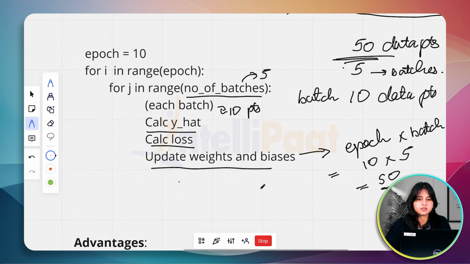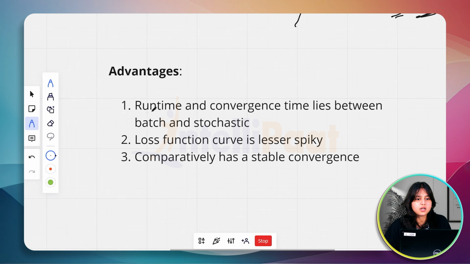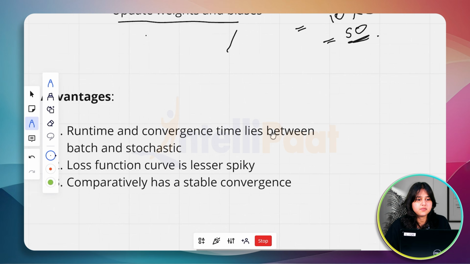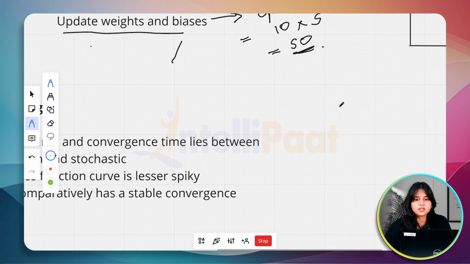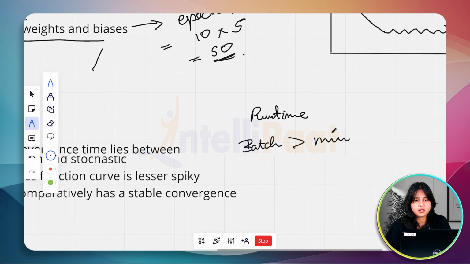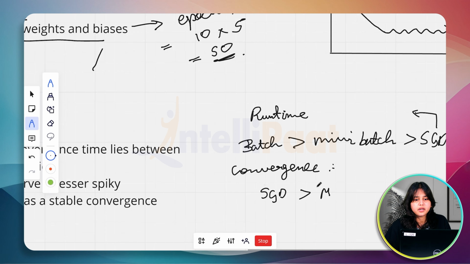Let's look at some of the advantages. The runtime and convergence lie between batch and stochastic. So you can say the runtime will look something like this. We have our batch, mini batch is going to be in between, and then we're going to have SGD. So SGD has the lowest runtime.